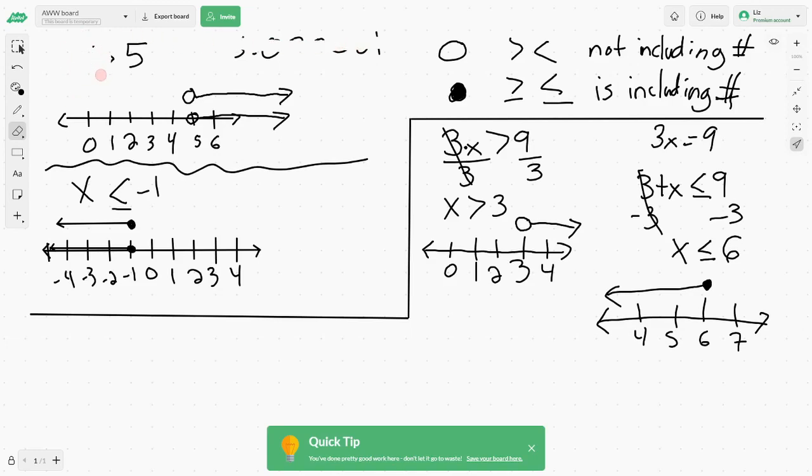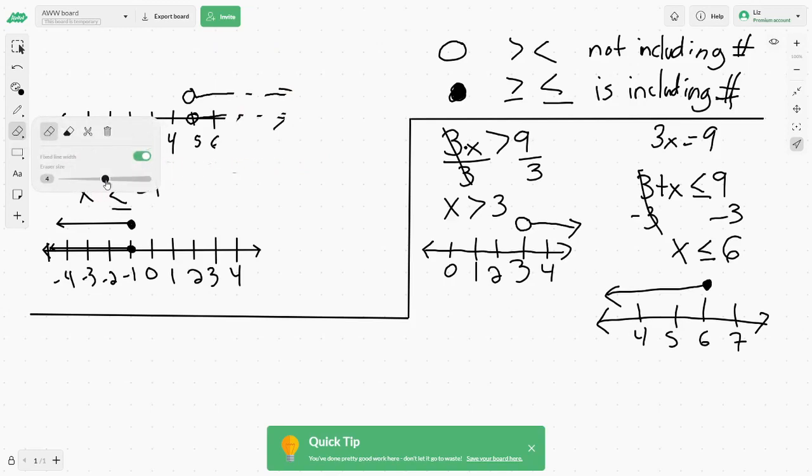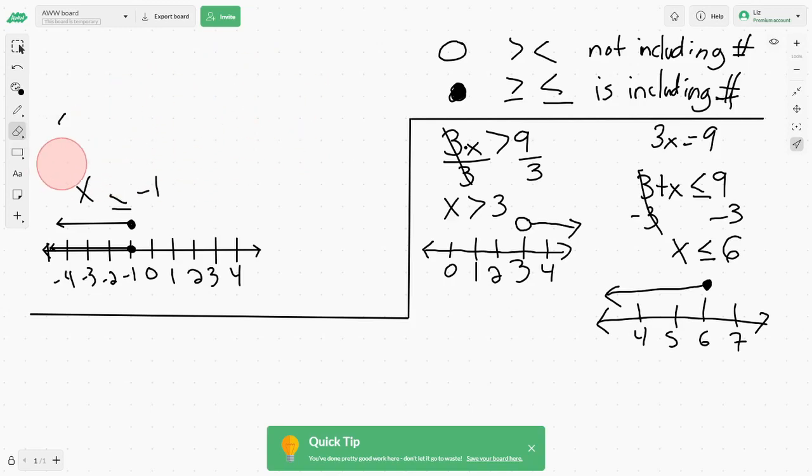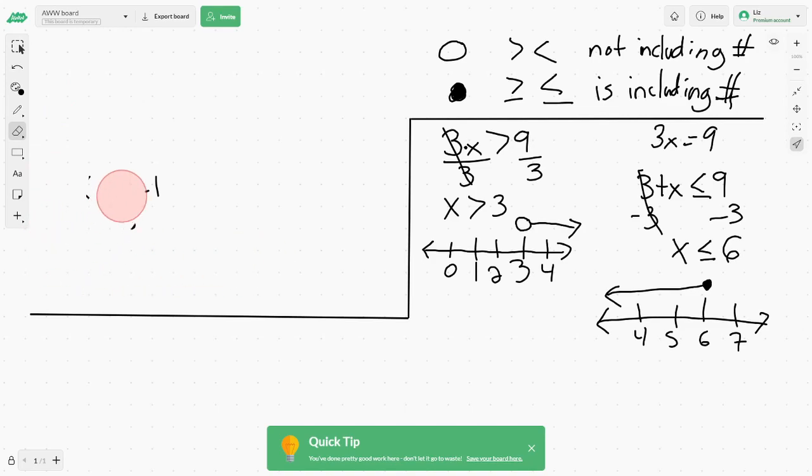Let's look at some more examples. X minus 3 is less than 9.